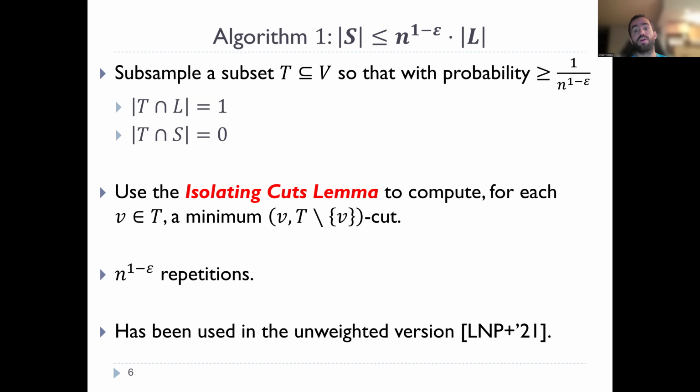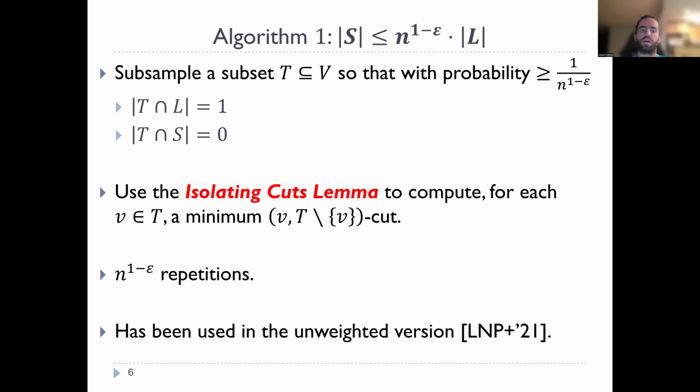Now, for the case where S is small, we follow a method that was used in the unweighted case. We sample a subset of vertices so that with sufficiently high probability, there is one terminal that was chosen in L, and 0 terminals in the separator S. And then we can use the isolating cuts lemma in order to compute for each terminal v a minimum cut between v and the rest of the terminals.